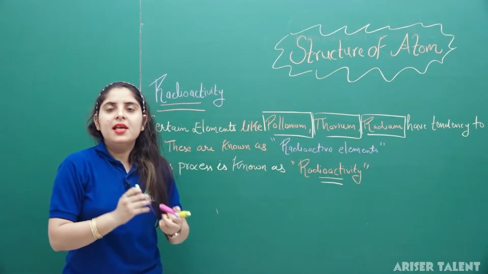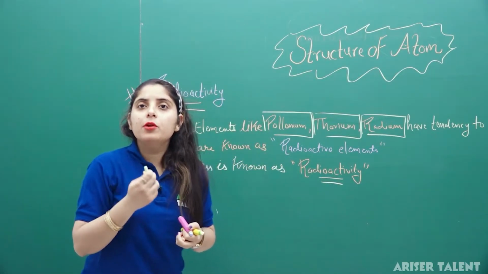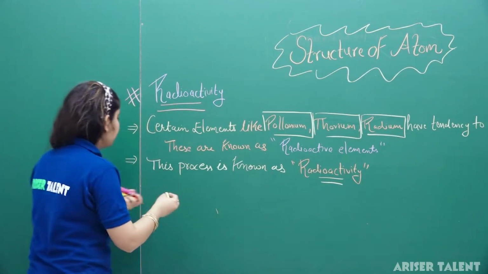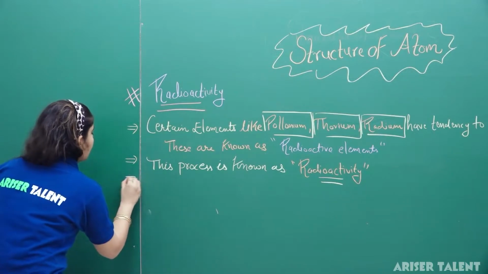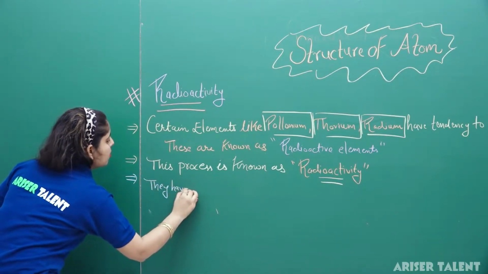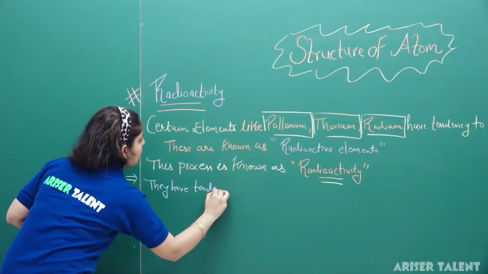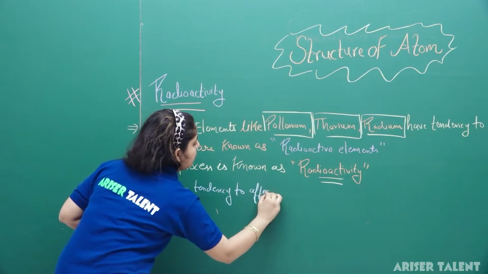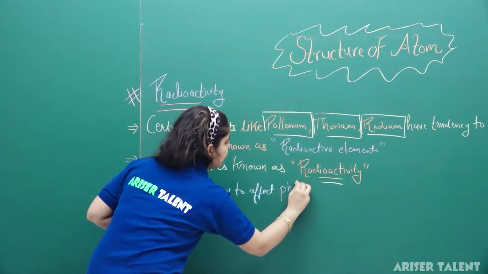These particles have a tendency to affect the photographic plates because they emit invisible ionizable rays. It means they have a tendency to affect photographic plates.